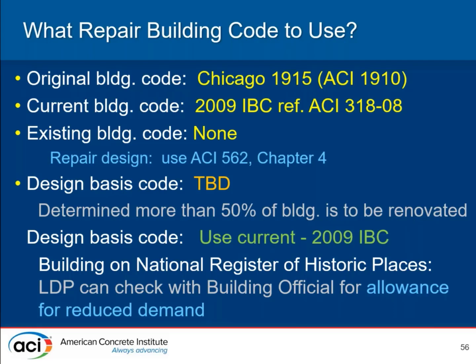I do have a follow-up question to that for you. If you don't have experience with identifying the design basis code for use on a project, where can you go for guidance? So again, I would start with chapters 1 and 4 of ACI 562.